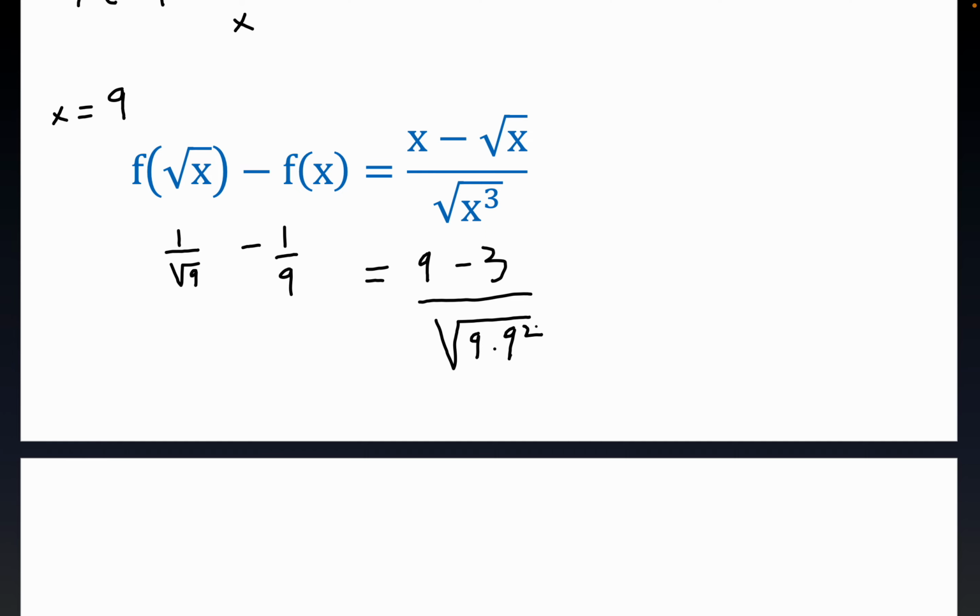Notice this is equal to 6 in the numerator over the square root of 9 squared, which is 9. The square root of 9 is 3, so you get 6 over 27 right here.